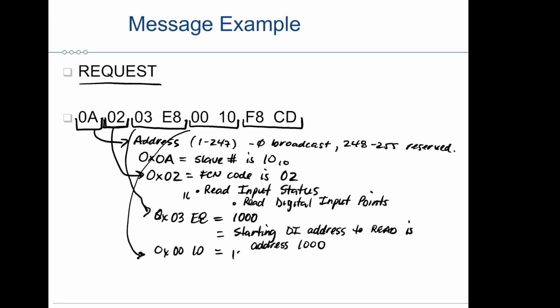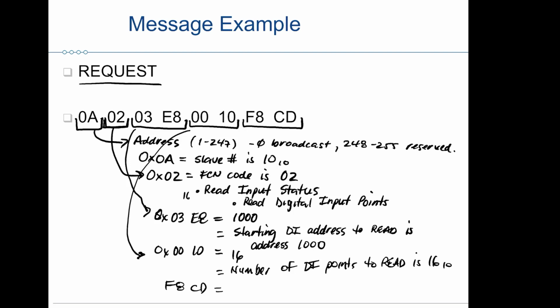You can say that's equal to 16, and the meaning of that is the number of DI points to read is 16 points. And then of course lastly you've got your F8C8.